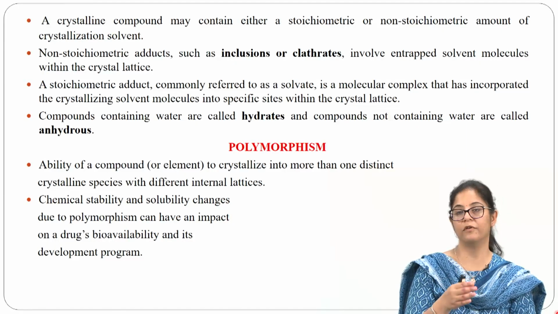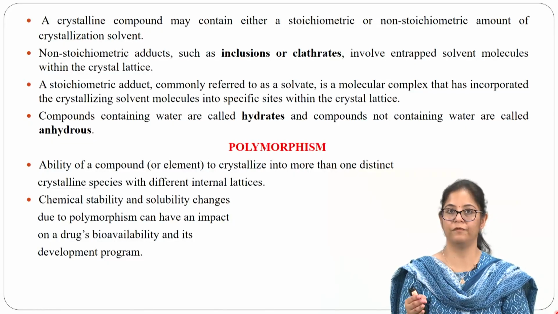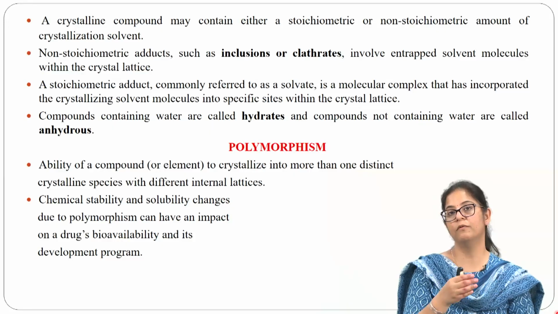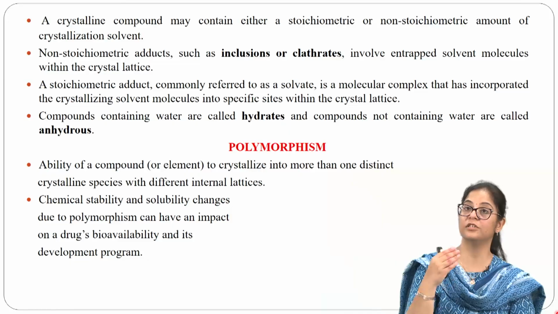For example, if on reaching a specific temperature point, polymorph A changes into polymorph B, and while processing you are using that temperature, there is a high probability that polymorph A changes into polymorph B.